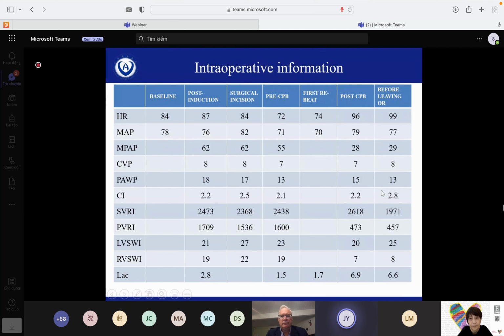The patient also suffered from interventricular wall thickness. You can see we need to maintain a relatively high cardiac output.